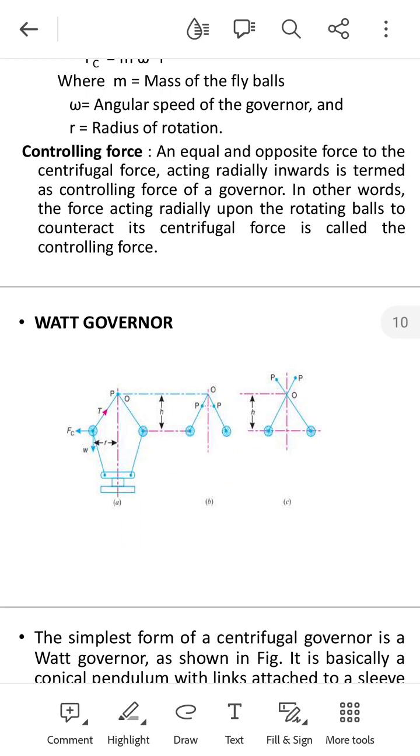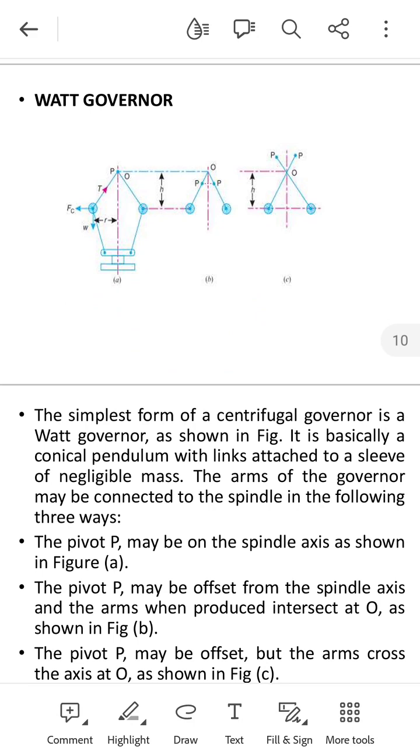Then the centrifugal governors can be divided into two types. One is the Watt governor, another is the loaded type of governors. First, the Watt governor. This is the diagram for the Watt governor. The simplest form of centrifugal governor is a Watt governor shown in the figure. It is basically a conical pendulum with the links attached to the sleeve of negligible mass.